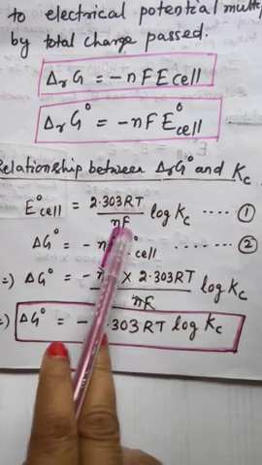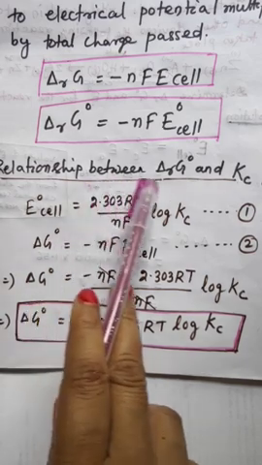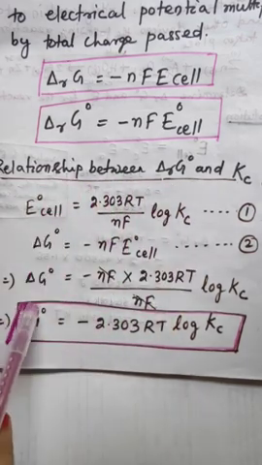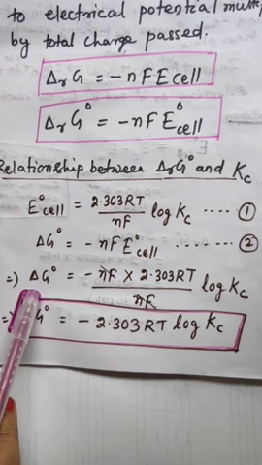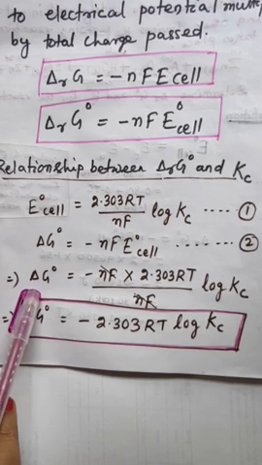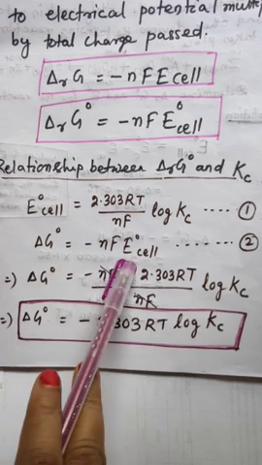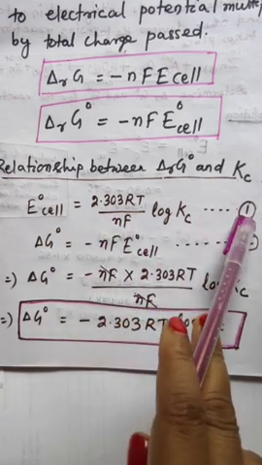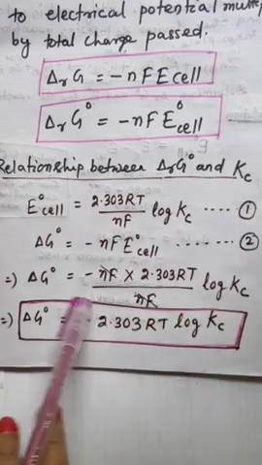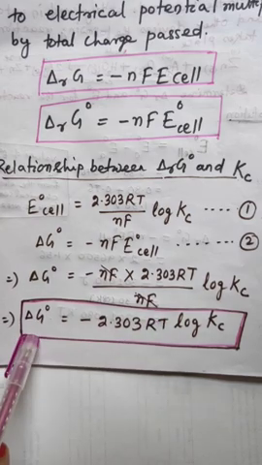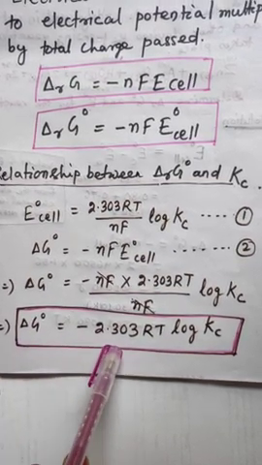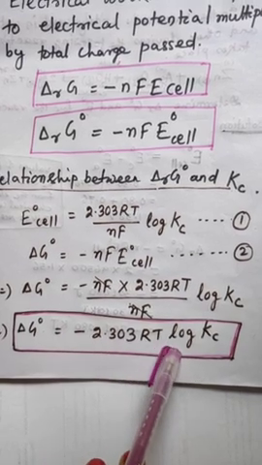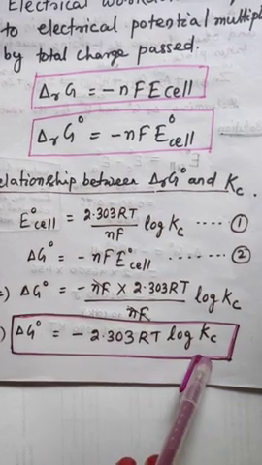Now in place of E naught cell, if we put in these values, we get the relationship between the standard Gibbs free energy change and the equilibrium constant. By putting the value of E naught cell from equation 1 into equation 2 and solving, the relationship is delta G naught is equal to minus 2.303 RT log Kc.